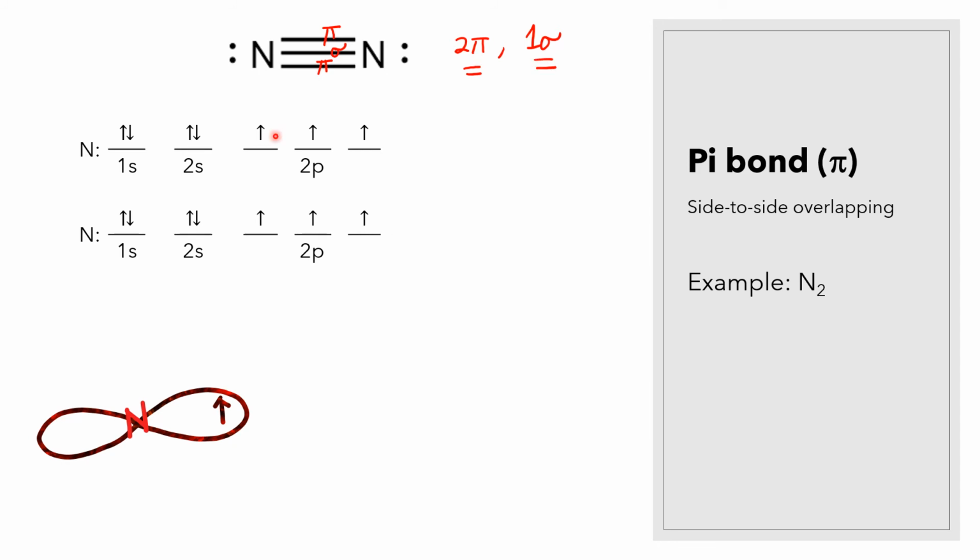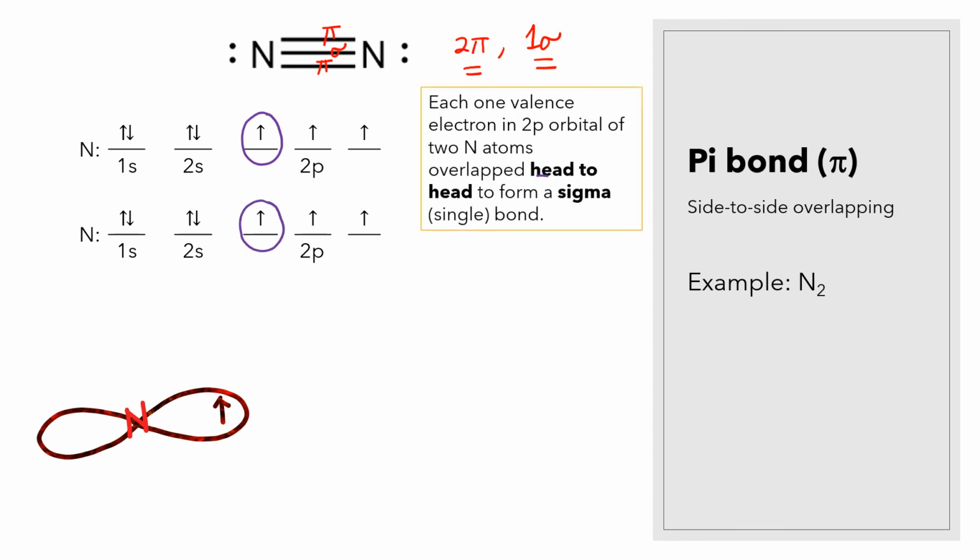So according to the concept of overlapping, in order to form sigma bonding, orbital must overlap secara end to end ataupun head to head. Dan setiap orbital mesti mengandungi sebanyak satu elektron. So here we can overlap the orbital yang mengandungi this single electron secara head to head ataupun end to end in order to form sigma bonding.